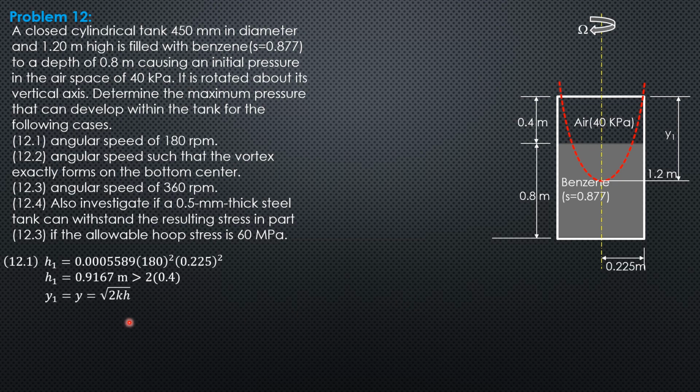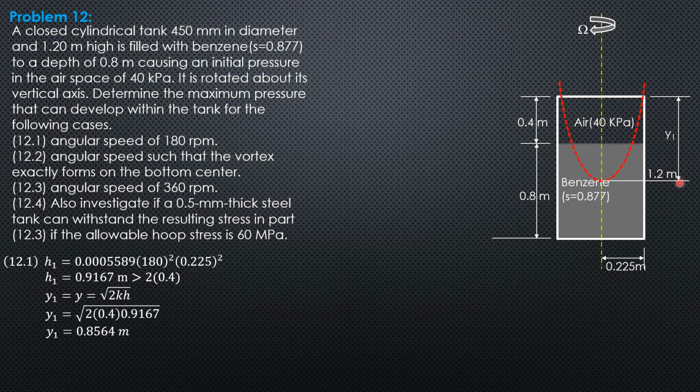You can look at the derivation, which I also explained in my lecture video on rotated vessels. Here k is 0.4, the empty depth, and h is 0.9167, or H1. So y1 equals square root of 2 times 0.4 times 0.9167. So y1 is 0.8564 meter.